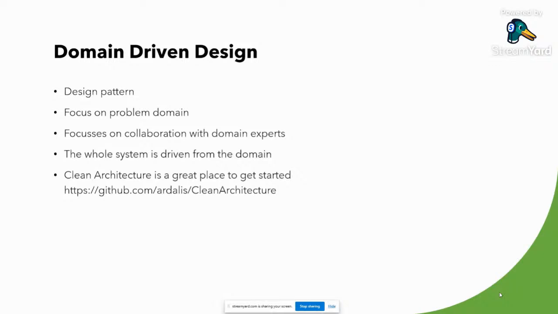All right, domain-driven design. Yeah, pretty well-known term. It's been going around. There's the Blue Book if you want to dive into it. So domain-driven design is a design pattern coined by Eric Evans, who wrote a book about it, which is blue, which is why it's called the Blue Book. So if you ever hear someone speak about the Blue Book of DDD, that's the one. I've read it.